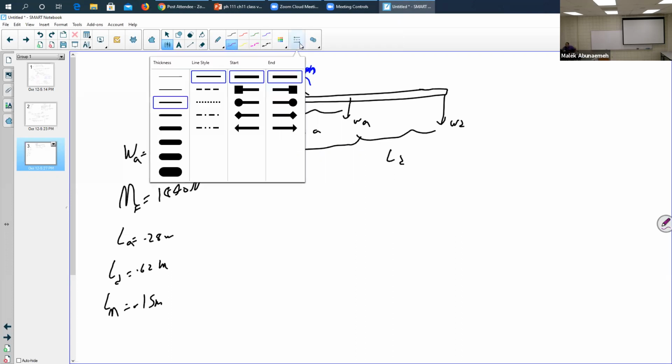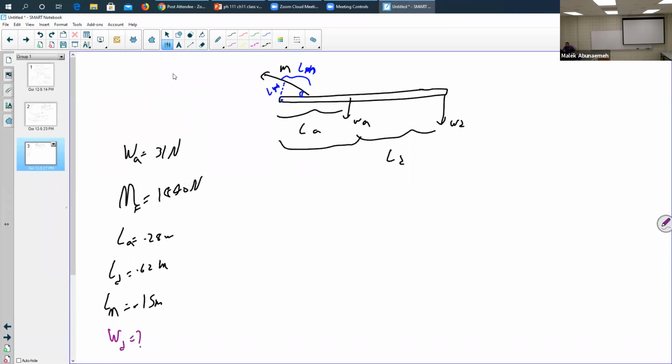So we got everything in, and we are looking for the weight of the dumbbell. So let's look at all the torque forces in order to keep it in equilibrium, which is gonna have to equal 0. So looking at all the torque forces, what do we have?